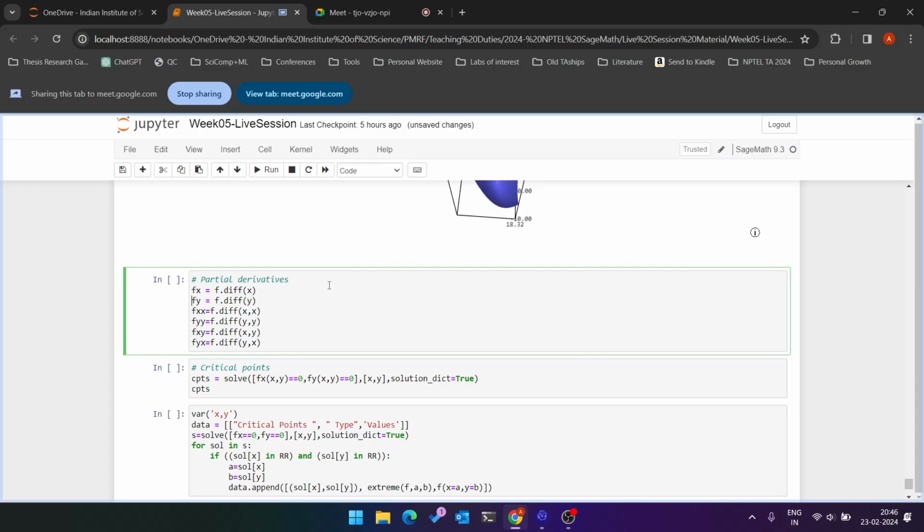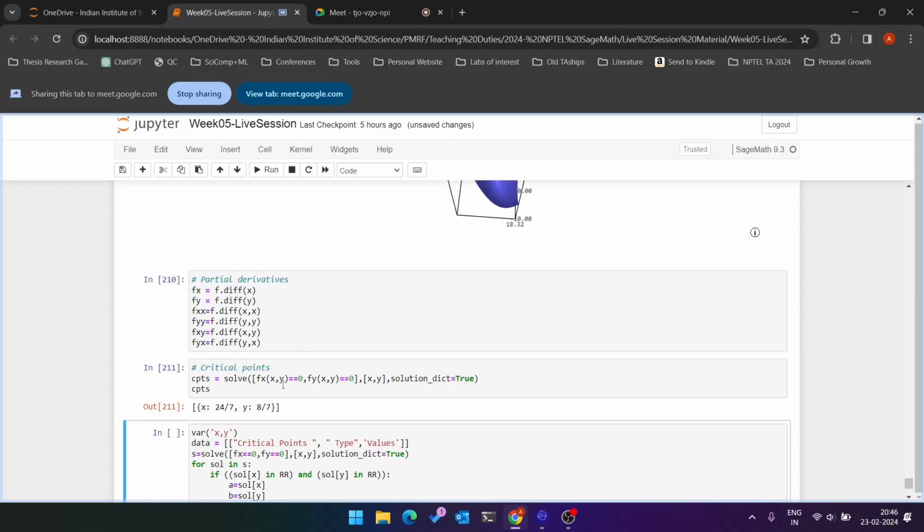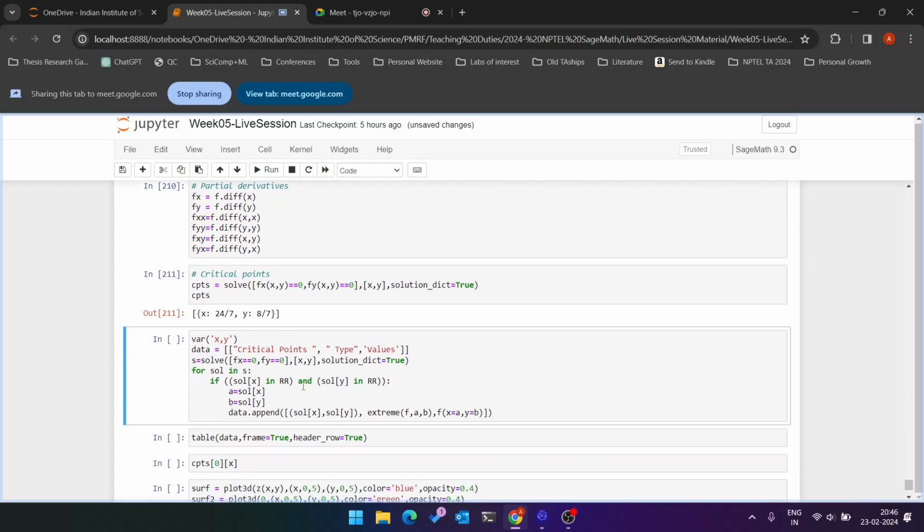Again, same process. Define the partial derivatives of the distance function with respect to x and with respect to y, as well as second derivatives. Calculate the critical points. So there is only one critical point. Just to be safe, we run it again through the loop that we have defined above, wherein we also calculate the type and value at the critical point.